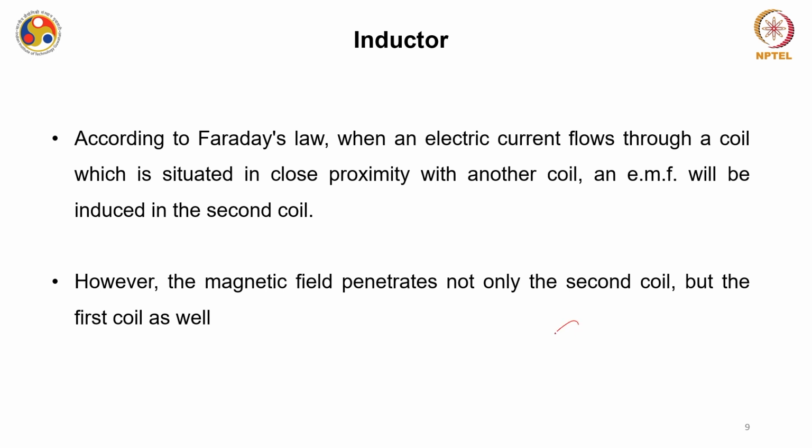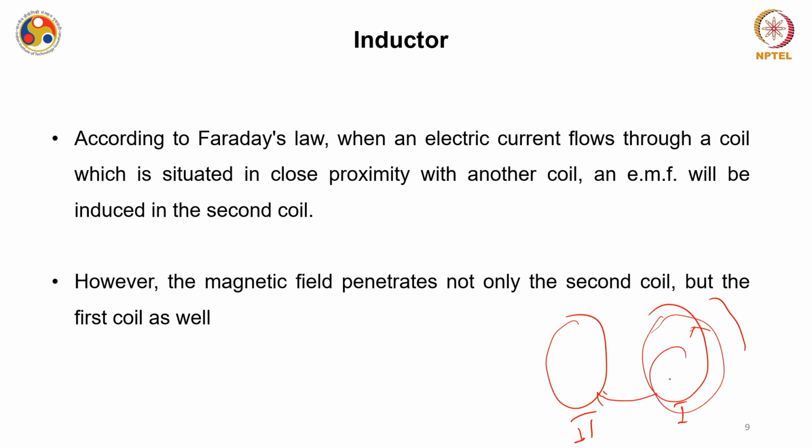So if I have a coil and I bring another coil which has current flowing through it, there will be an EMF induced in the second coil, right? However, the magnetic fields penetrate not only the second coil but the first coil as well. The field associated with it will also penetrate the first coil itself, right?